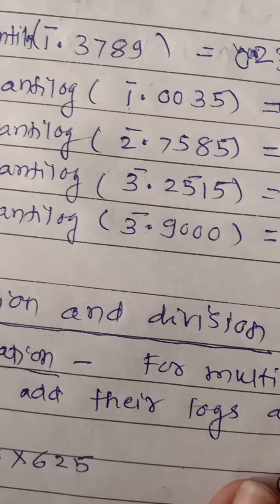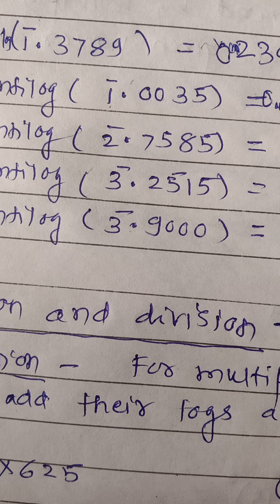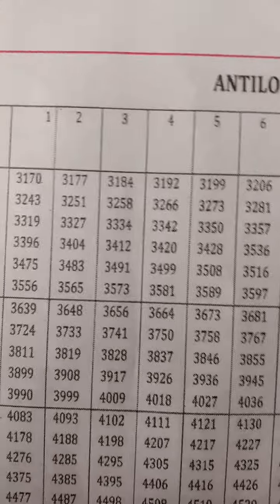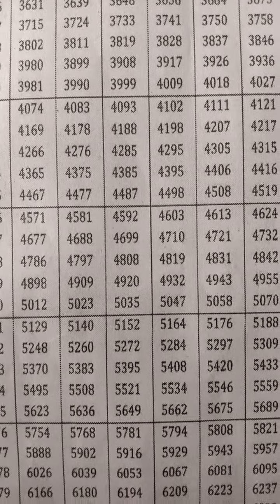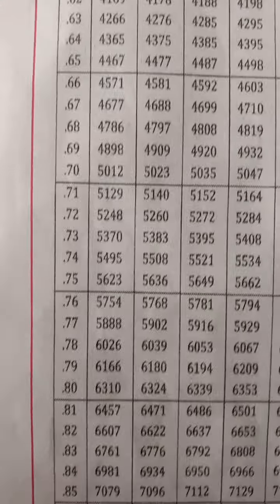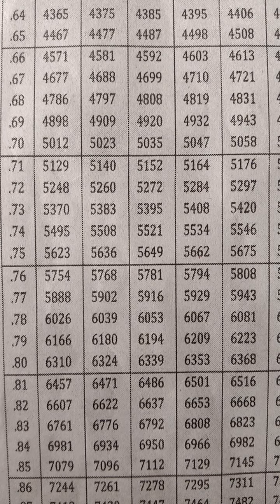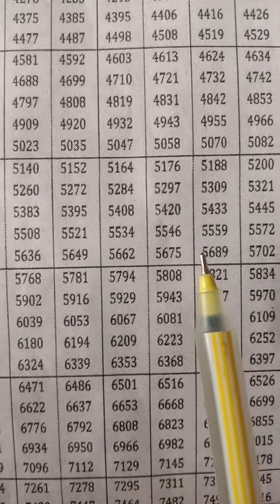and therefore it is 0.1008. Then for the next one, bar 2.7585, again we will observe 0.75. So 0.75 will be here, and 85 is there.